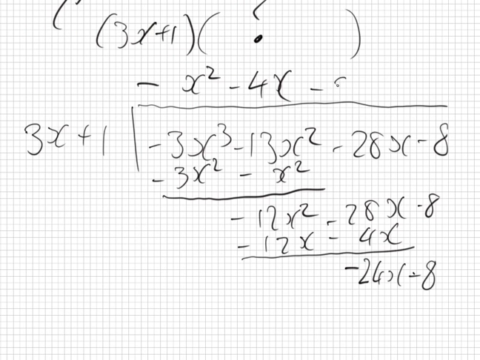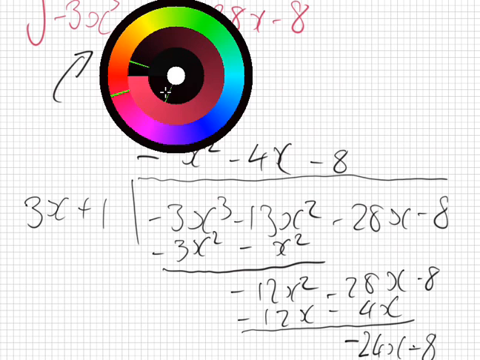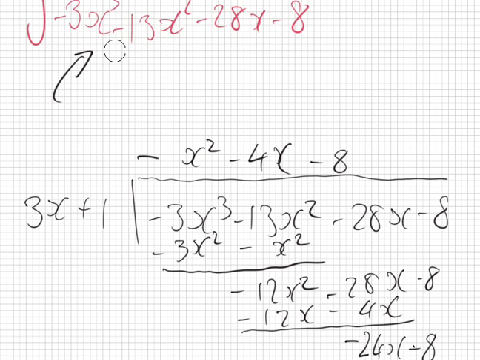So here I need a minus 8 to finish. I get minus 24x minus 8. So that's the quadratic. So what I've figured out is that this here can be written as 3x plus 1 times minus x squared minus 4x minus 8.